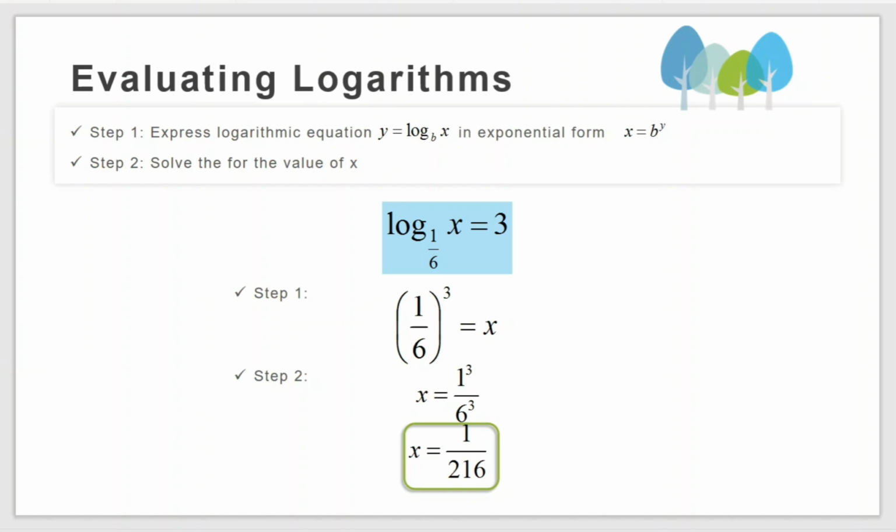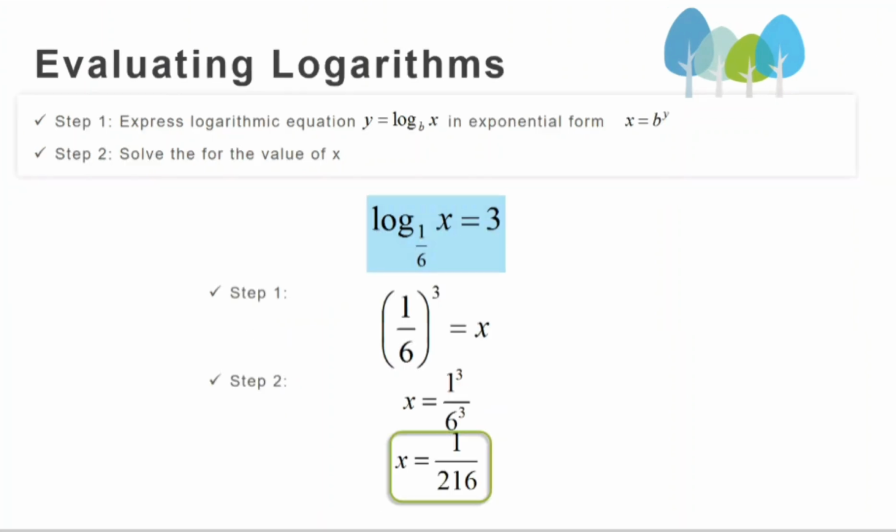So, 1 over 6 raised to the power of 3 is equal to x. And then solve for the value of x. So, 1 cube over 6 cube. Okay, x is equal to 1 over 216. Okay, so when you raise 1 over 6 to the power of 3, the answer is 1 over 216.